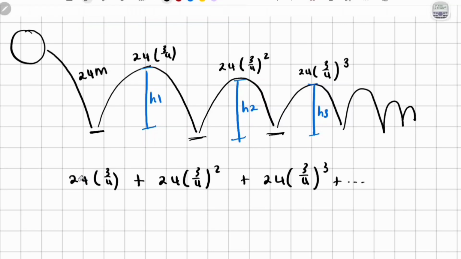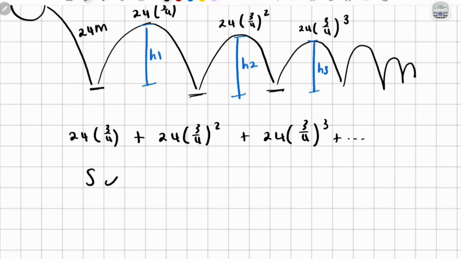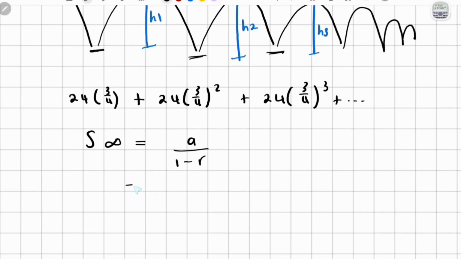So, to calculate the sum of all these heights, because it's a converging geometric series, we have to use sum to infinity. And the sum to infinity formula is a over 1 minus r. And this is what we have. So sum to infinity, what is our a value? It's this, 24 times 3 over 4, and then over 1 minus, what's our ratio?